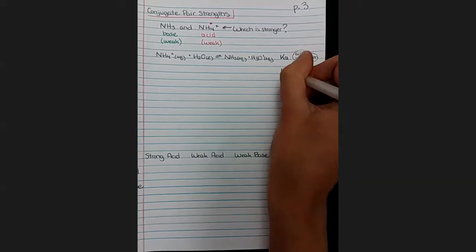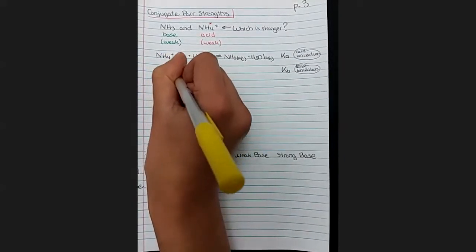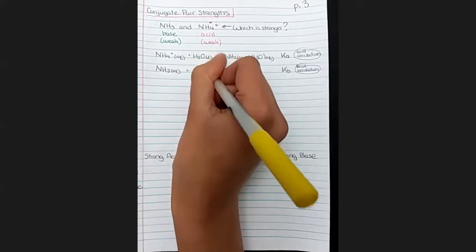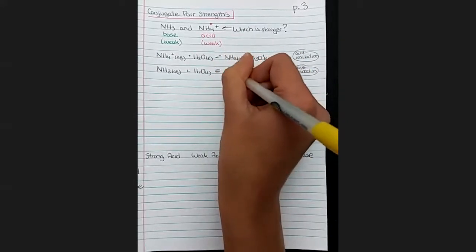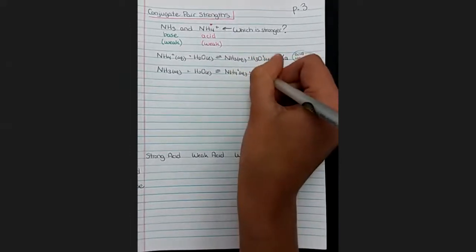Okay, and then we've got base ionization for the other one, and that's going to give us our Kb. And NH3 is our base. Mix the base with water, and it will sometimes form conjugate acid and hydroxide.